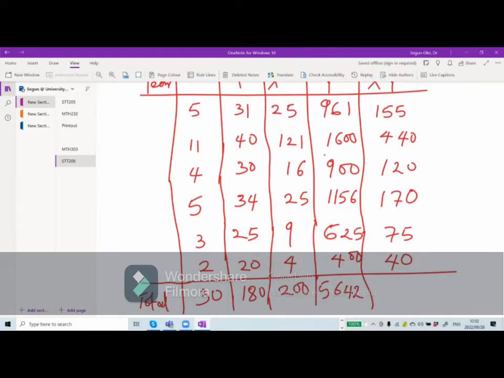Don't follow the book, please. Do your own; we're solving it. Summation XY, 1,020. Please confirm the value.